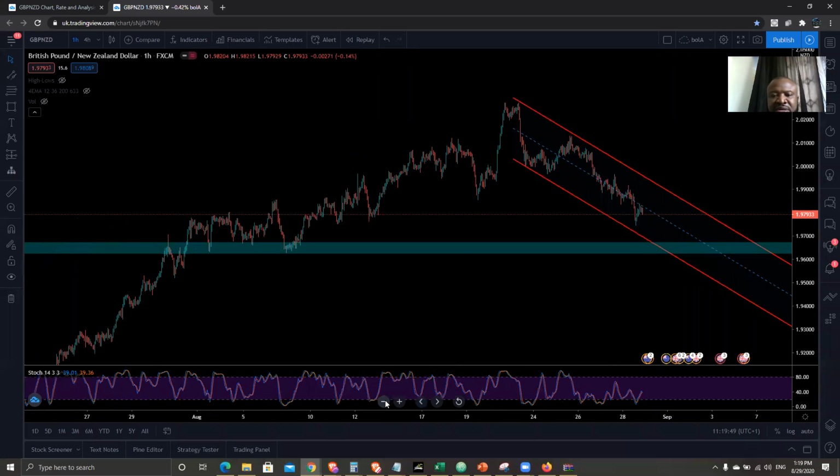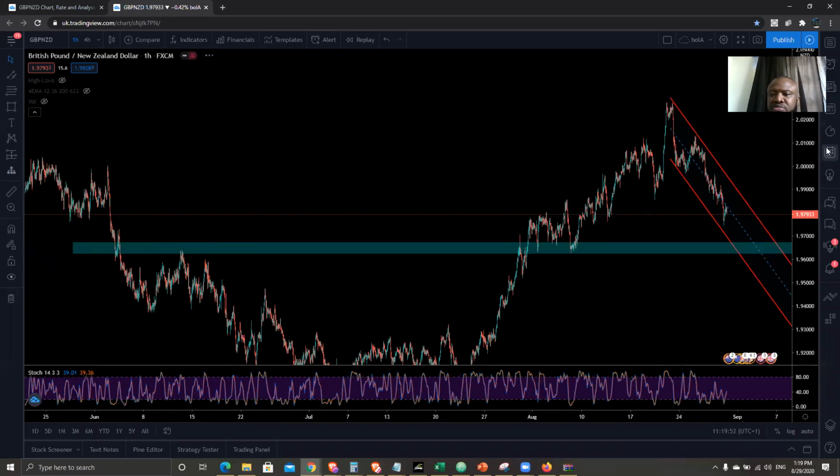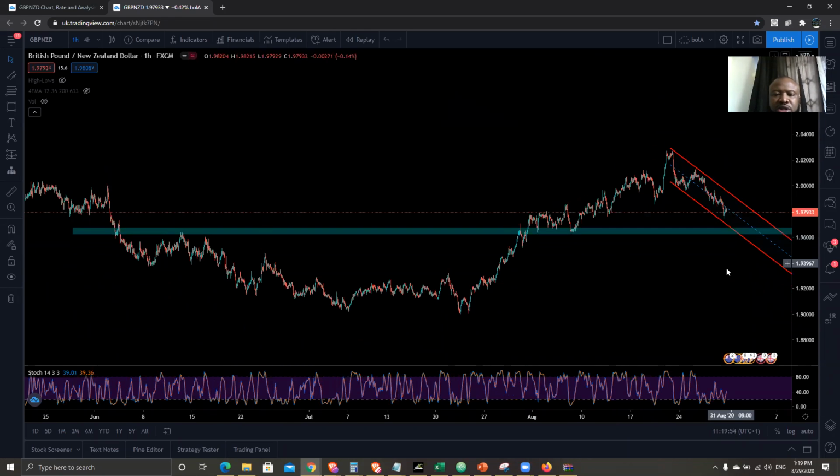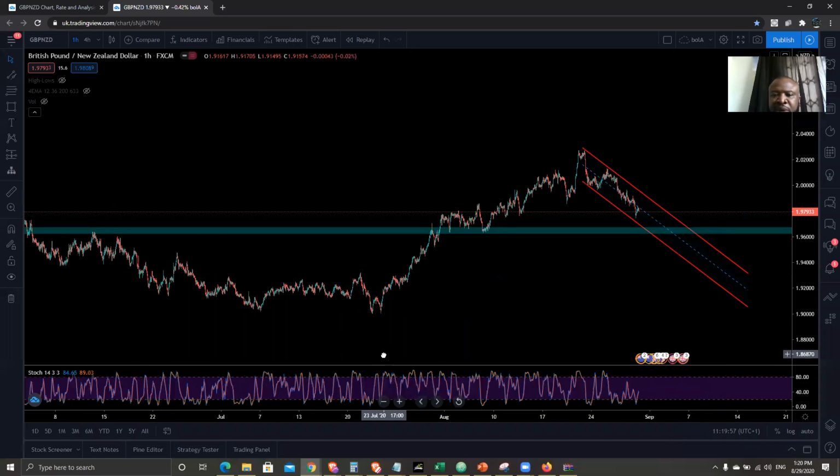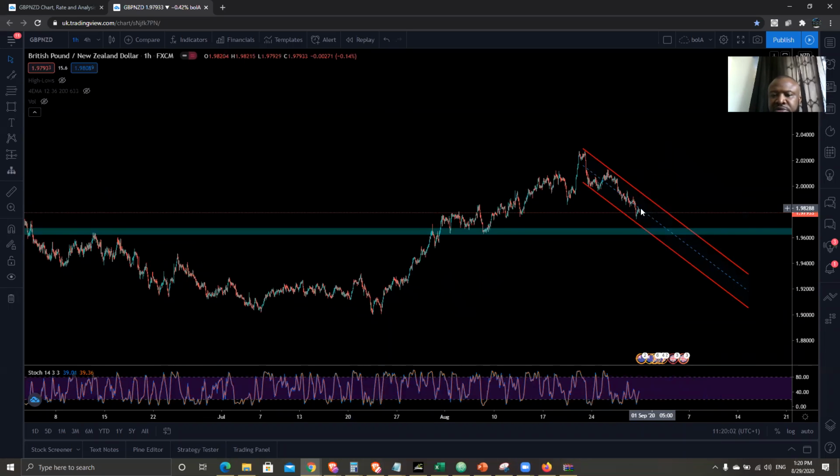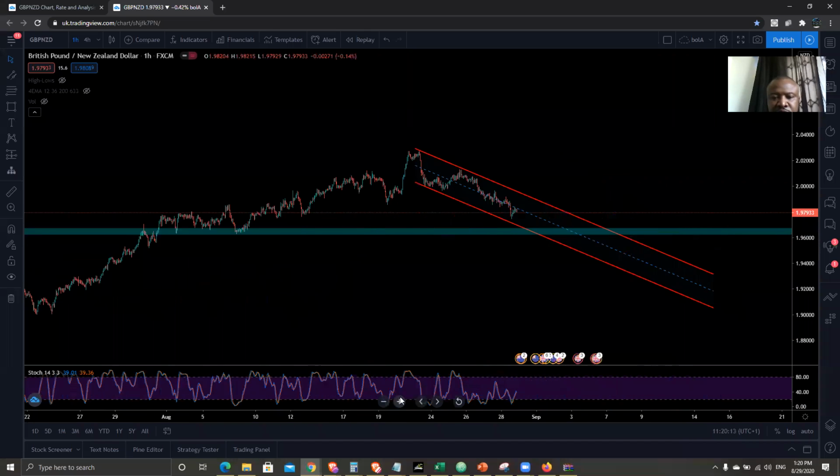I'm seeing much more pressure to the downside in a way on this pound against New Zealand, more than anything else. But if price gets here, then I'll check my chart, see whether I can make an informed decision to buy by seeing whether I see a reason for that informed decision to be made.